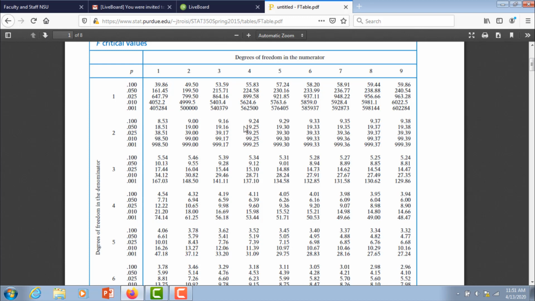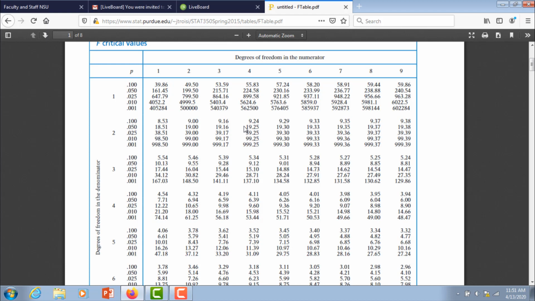The degree of freedom in the numerator, again, folks, is the degree of freedom between. Okay, and for the example that we were working, the degree of freedom between was 3 because we had four groups and we subtracted one from it and we ended up with 3.